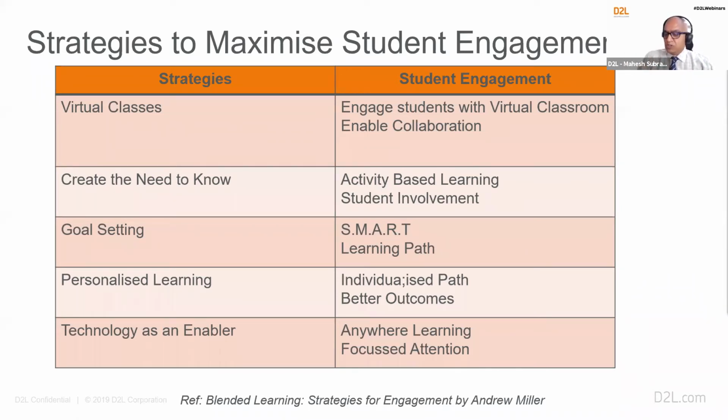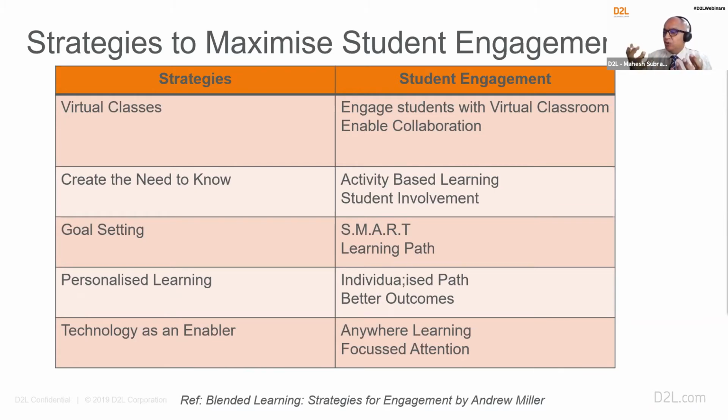And because online learning allows for differential paths for learning, I can create a personalized learning path for my students. So typically what I do is I use automation within the platform. Within Brightspace, we have what are called release conditions.